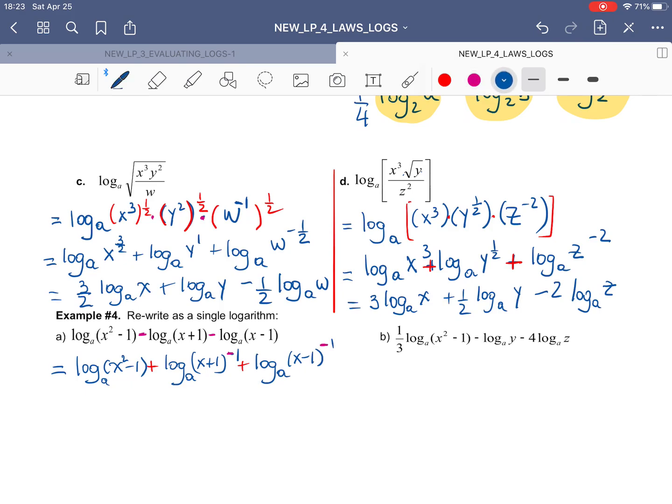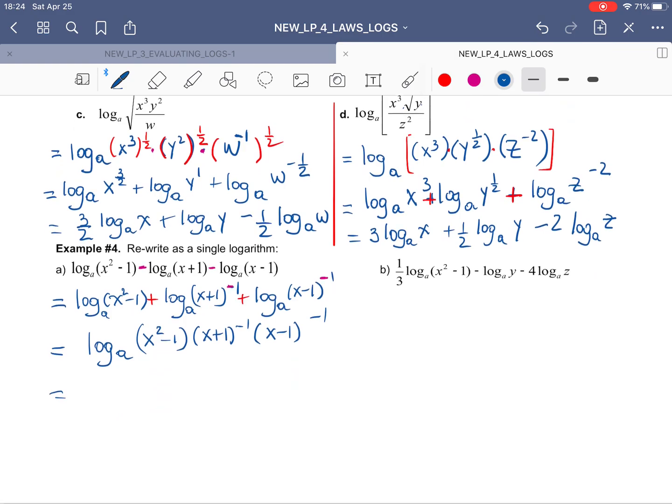So now that we have pluses everywhere, there is one law that applies throughout the expression. So we have log with base a of x squared minus 1 times x plus 1 to the negative 1 times x minus 1 to the negative 1. Now that we know the powers are negative, we can rewrite this with positive powers as x squared minus 1 over x plus 1 times x minus 1.